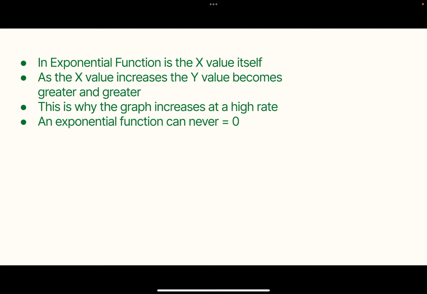And an exponential function is the x value itself. As the x value increases, the y value becomes greater and greater, which is absolutely true and also relates to how it can be associated with real life scenarios, but we'll get into that later on.